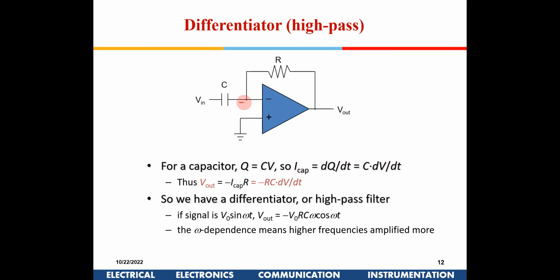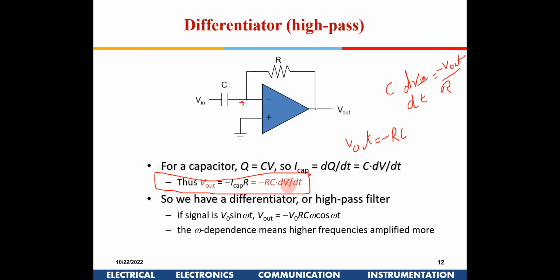So this current will be C into dVin by dt, and this current will be minus Vout divided by R. So I can write Vout will be minus RC into dVin by dt. This is the equation written here. So it is differentiating the input, and RC is the gain. Is it okay with all of you?